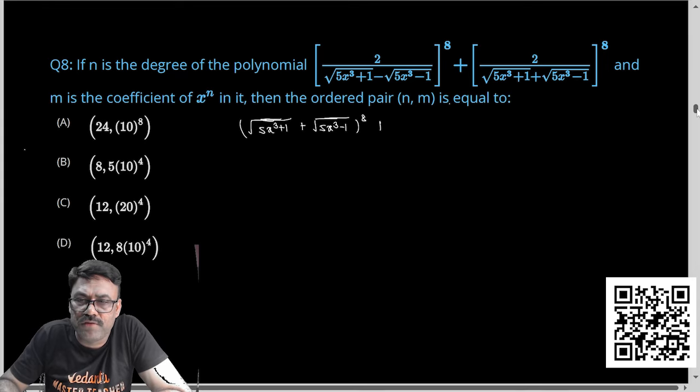And this second one becomes under root 5x cube plus 1 minus under root 5x cube minus 1 whole raised to 8.